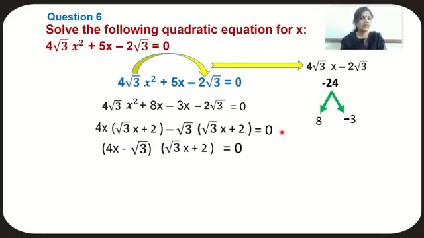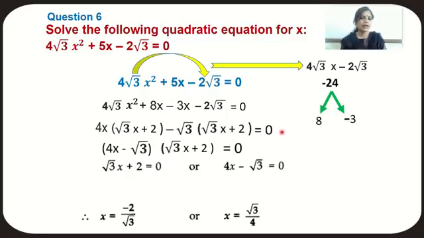So its meaning is square root 3x plus 2 is equal to 0, or 4x minus root 3 is equal to 0. So x is equal to minus 2 upon root 3, or x is equal to root 3 upon 4. Alright children, so this is how you have to solve the sum.